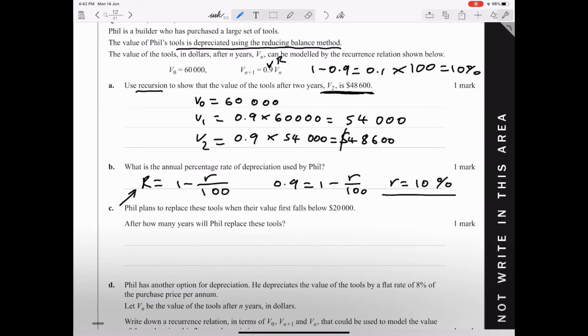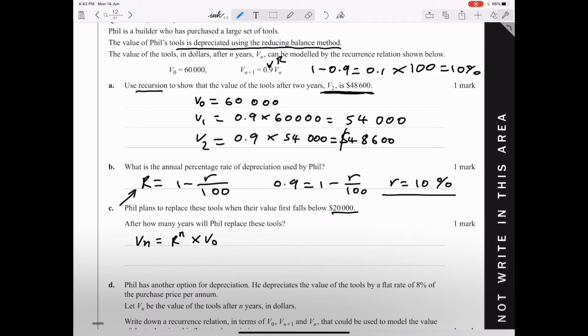7c, Phil plans to replace these tools when their value first falls below $20,000. After how many years will Phil replace these tools? So first of all, to do this question, I would convert the recurrence relation given in the question to an nth term relation. So we know that the rule for an nth term relation is Vn equals Rn times V0.